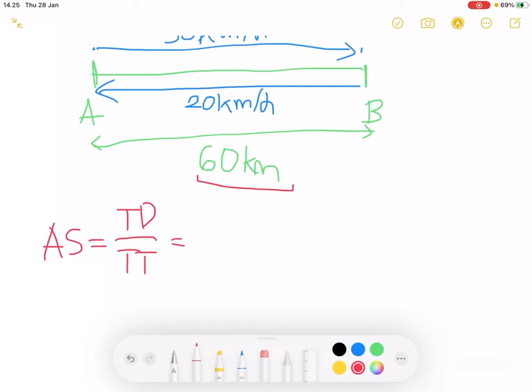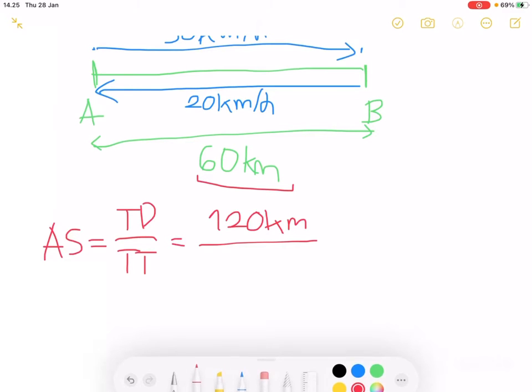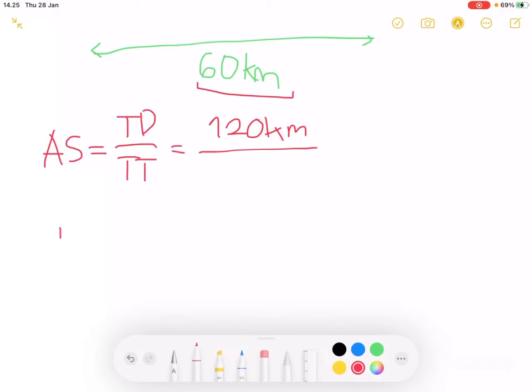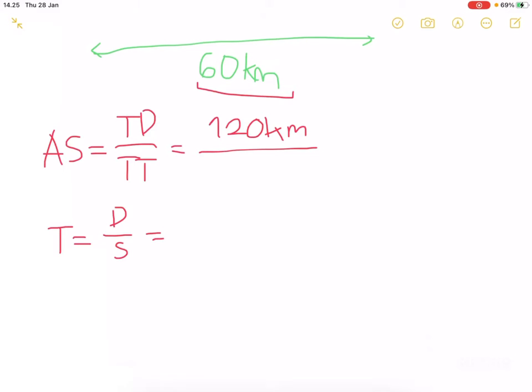So 60 plus 60 is 120 kilometers. That's the total distance traveled. And like the last question, we can find the total time by using the formula: time is the distance over speed.